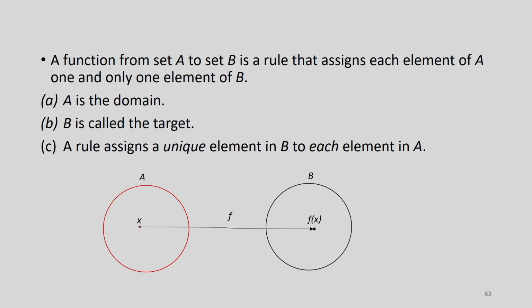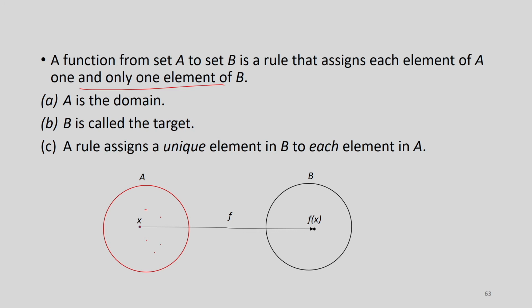But what a function does is that it is a rule that assigns each element, meaning it should include all possible elements in the set A, and it should assign each and every element to one and only one element of B. It cannot assign more than one element of B.